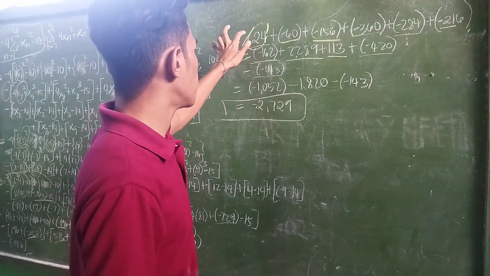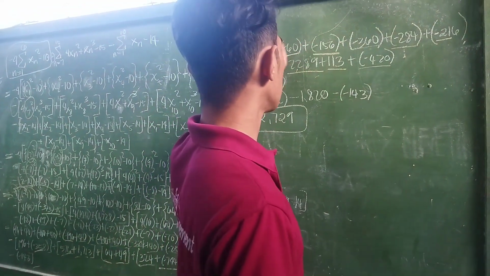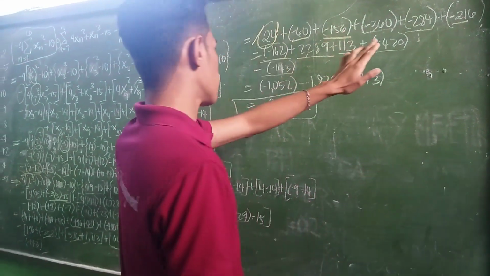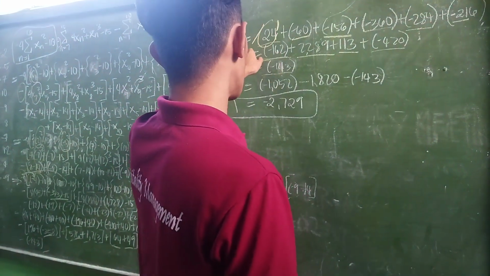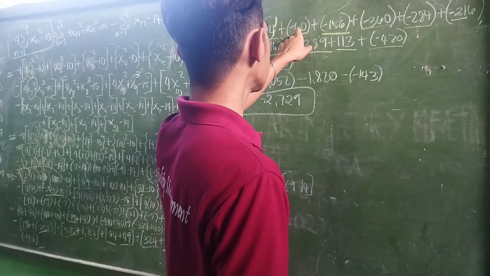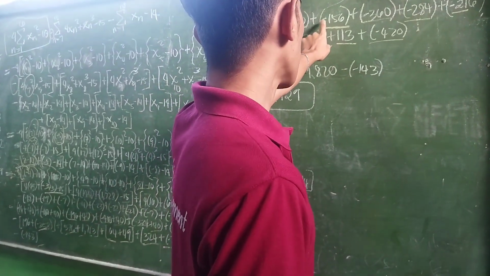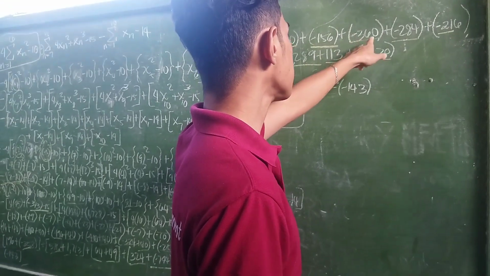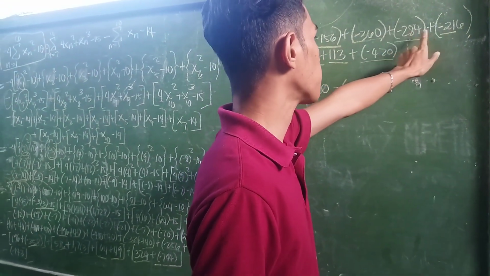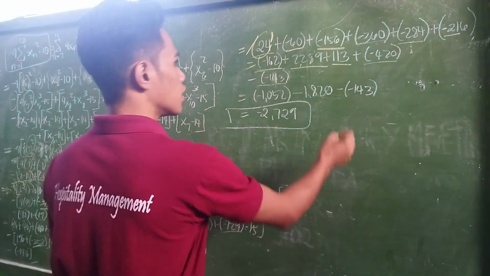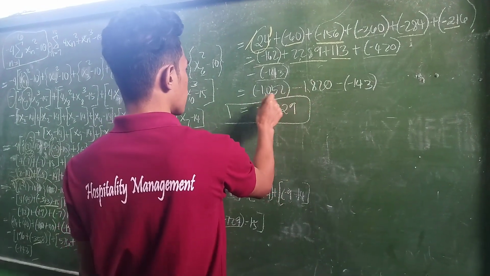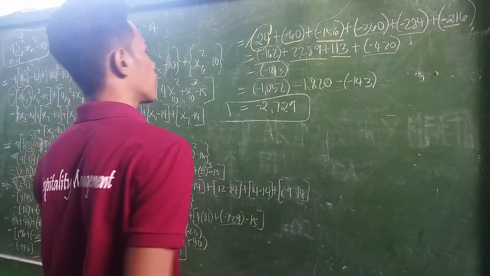Now, if you add all these numbers, which are 24 plus negative 60 plus negative 156 plus negative 360 plus negative 284 plus negative 216, the result would be negative 1052.